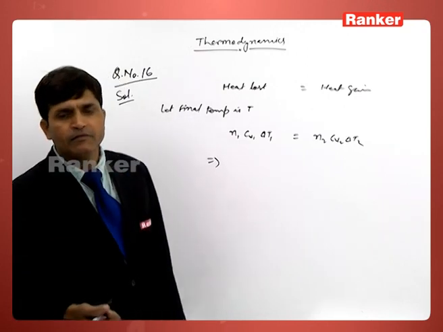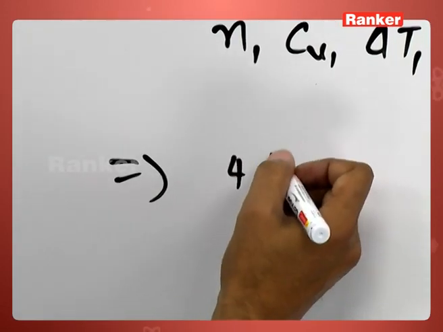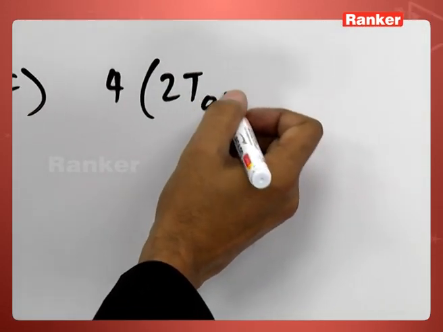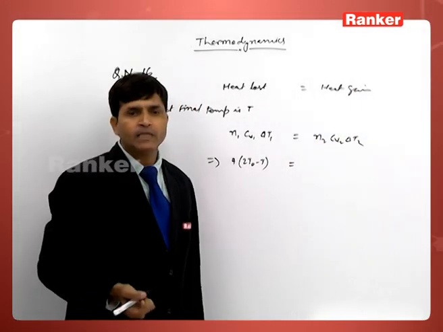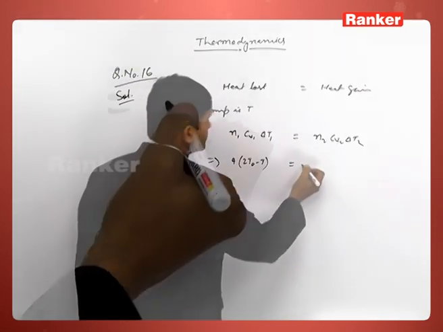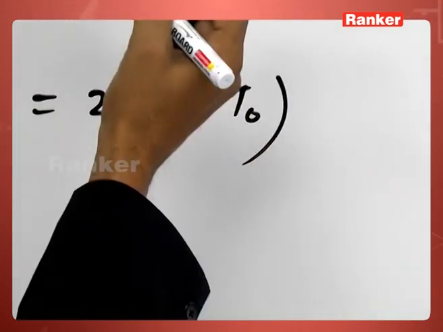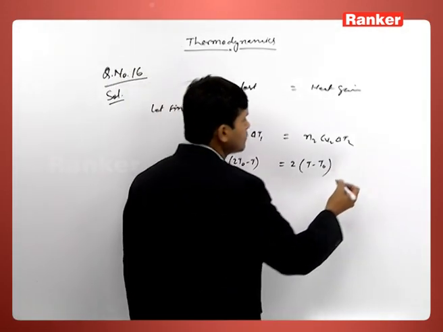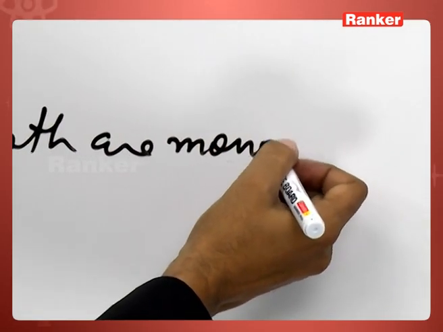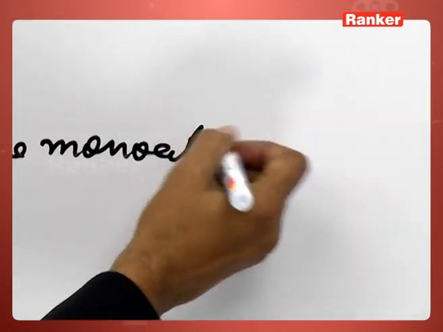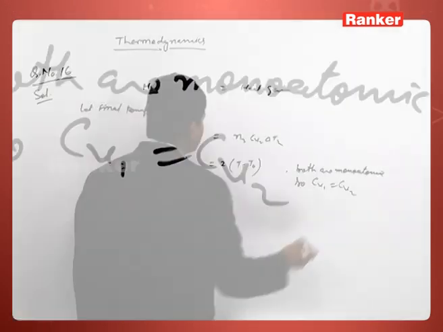The higher temperature body has 4 moles of monoatomic gas at temperature 2 T0, so 4 into 2 T0 minus T. Since the lower temperature body has number of moles 2, and its temperature change is T minus T0, and CV1 is equal to CV2, since both are monoatomic. So CV1 is equal to CV2.